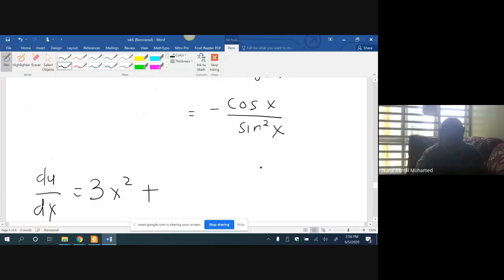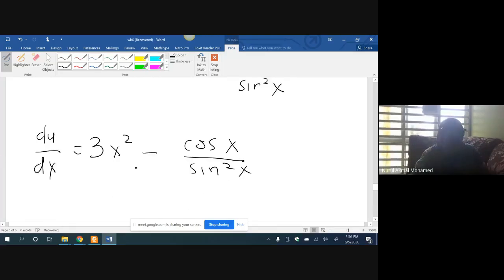It should be minus here. Minus cos x divided by sine squared x. So this is du dx.